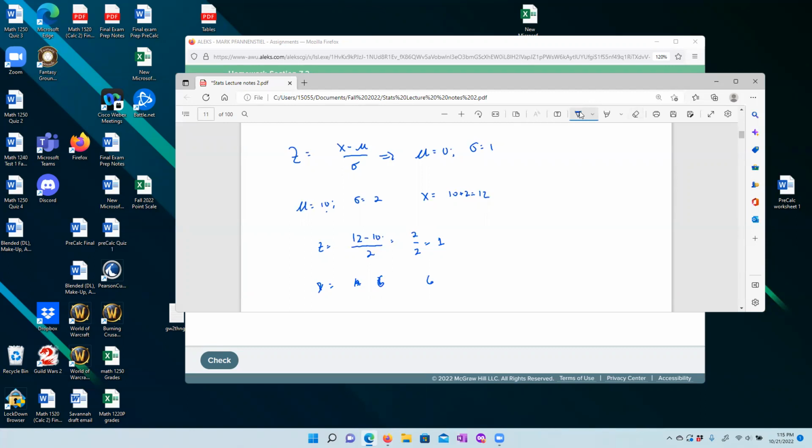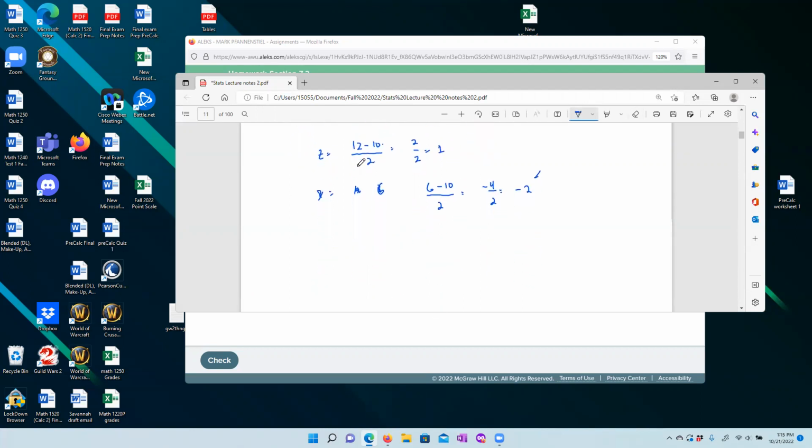So we say 6 minus 10 divided by the standard deviation 2. 6 minus 10 is minus 4, and minus 4 divided by 2 is minus 2. We're 2 standard deviations down. So what the z-score is telling us is how many standard deviations away from the mean we are.